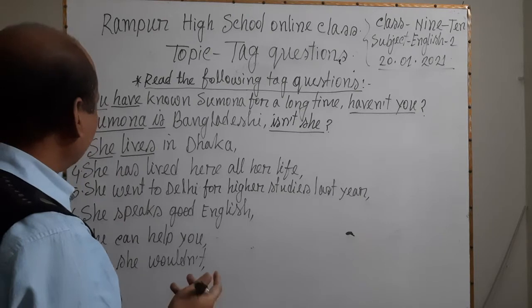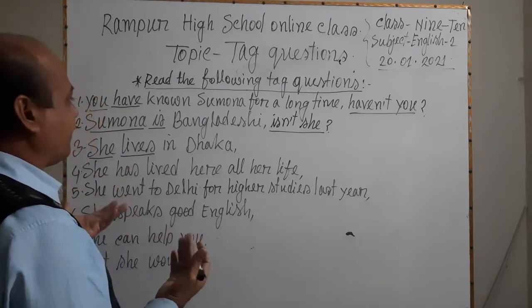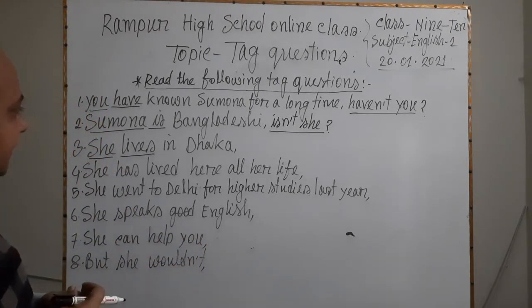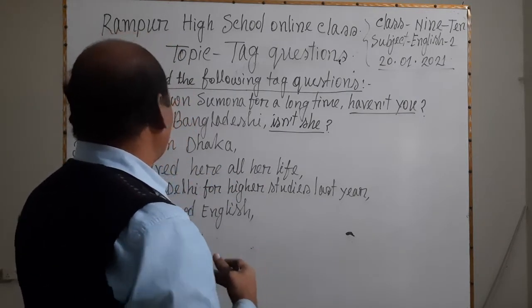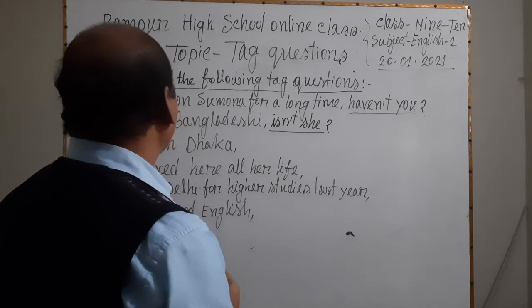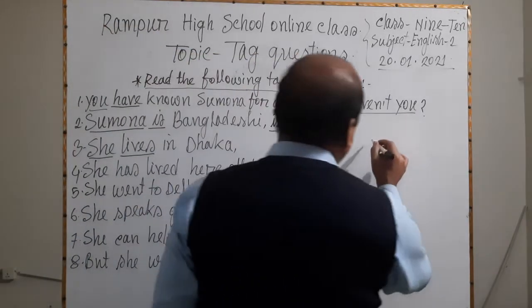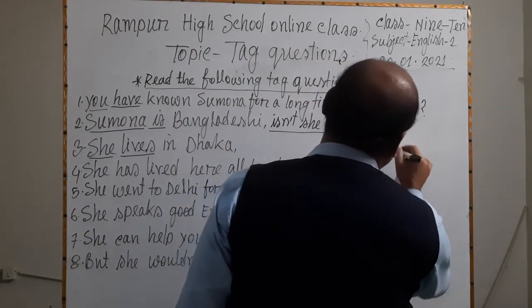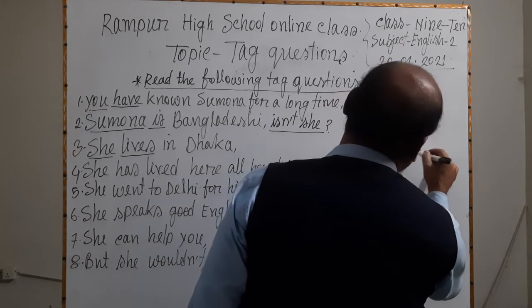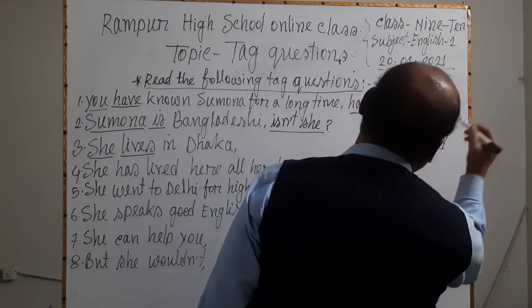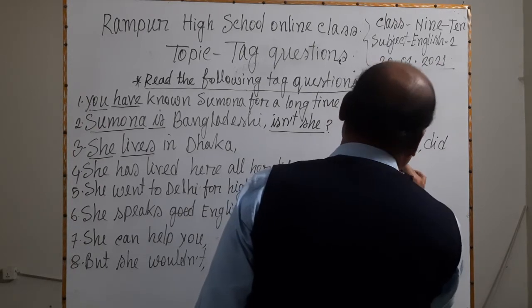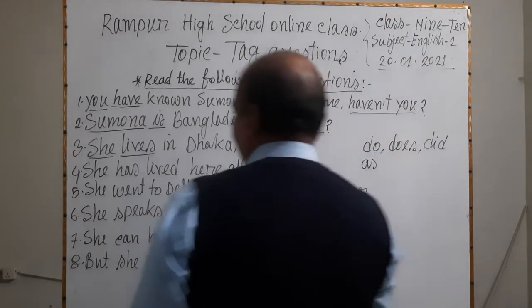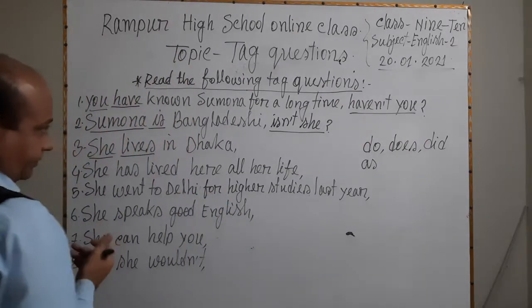If there is no auxiliary verb in the statement, in time of making tag questions, we must use do or does or did as an auxiliary verb.